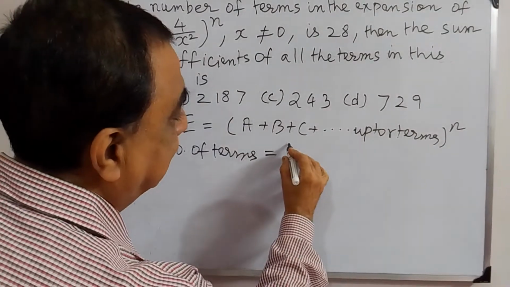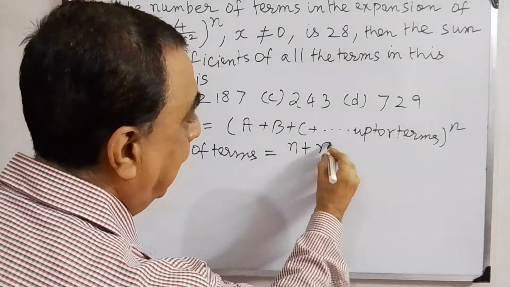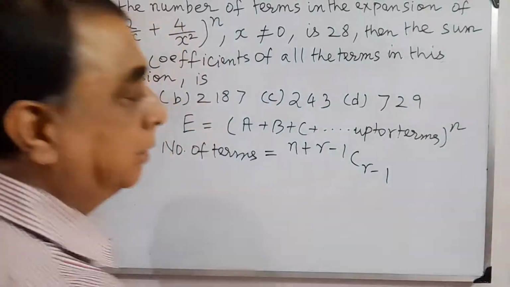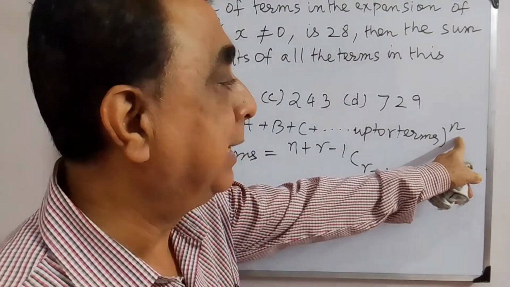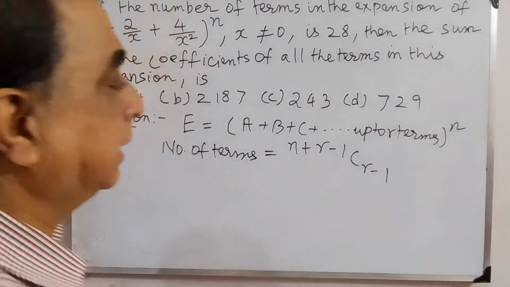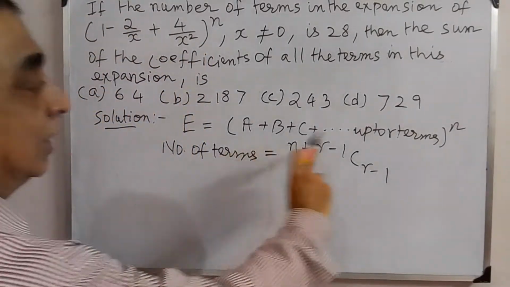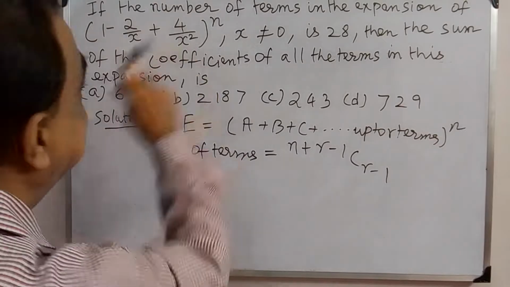The formula says that the number of terms is (n + r − 1)C(r − 1), where n is this index and r is the number of terms in the bracket. So this formula we have to use for finding first the value of n.